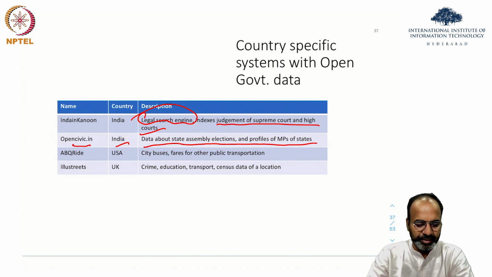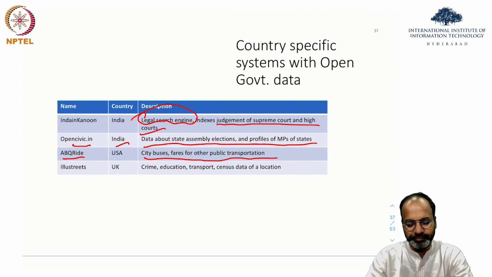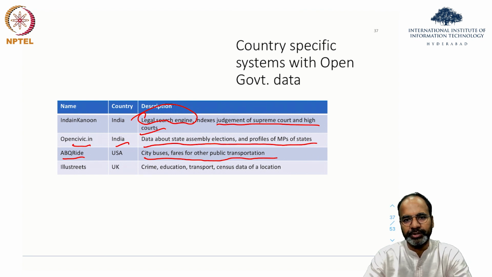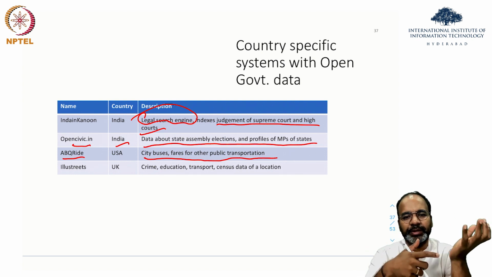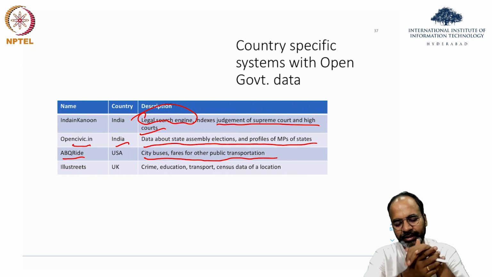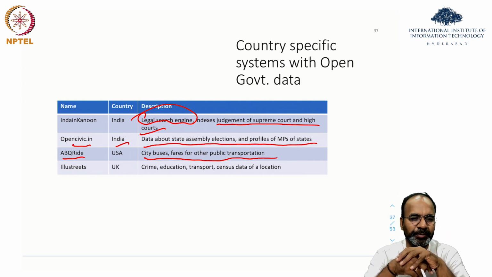The next two are outside India. ABQ Ride gives you the details of city buses, fares, or other public transportation. So these kinds of services have become much more prevalent now, using publicly available information, such as transportation information. Can you put them together to create some service with it?